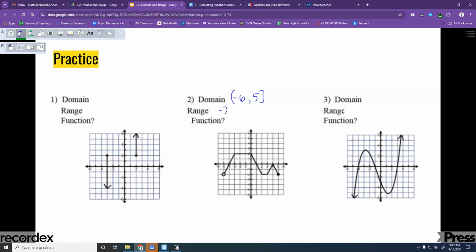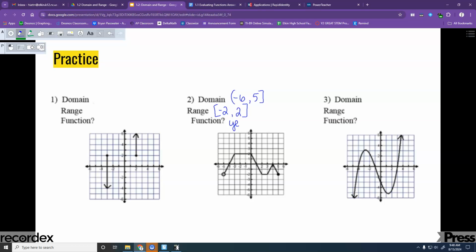Alright, do I need a bracket or a parentheses for that? It's going to be a bracket. It feels a little like it should be a parentheses because of this open circle, but you got a closed circle over here. So if there's any closed circles, you're going to do a bracket. And then you're going to go up to, what's the highest number I've got on the Y? 2. Bracket or parentheses? Bracket.